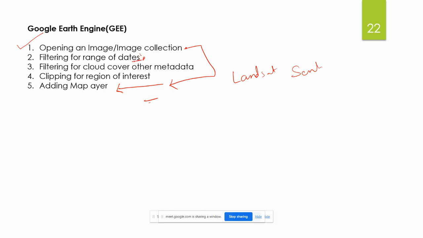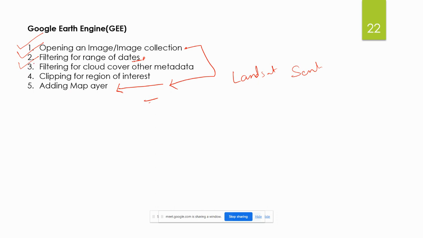So we will learn filtering those images for only the year, dates, or range you want. The third is filtering based on cloud cover or any other metadata.